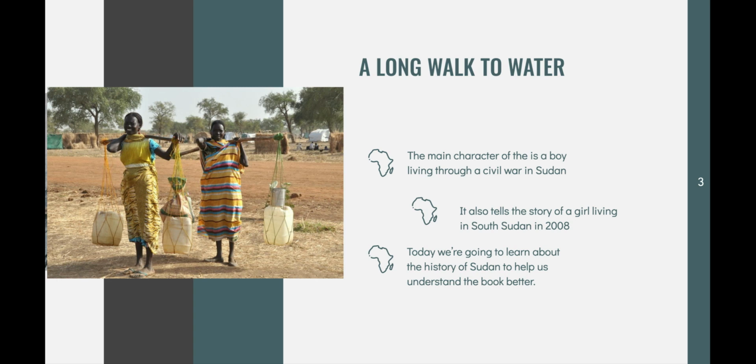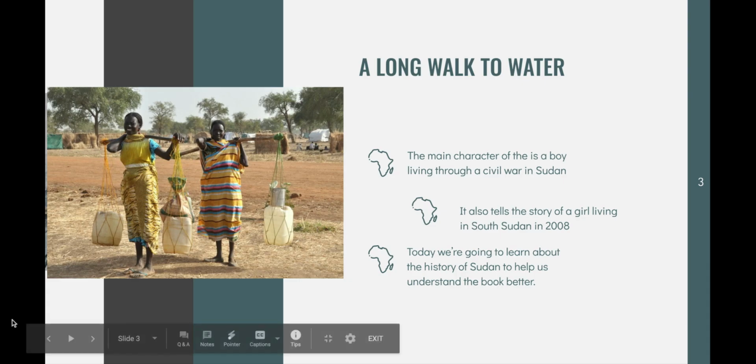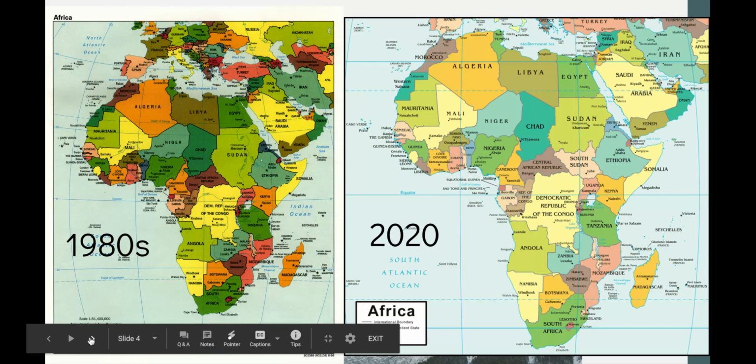And it flips back between the two stories to kind of show the development of Sudan and the connection between the past and the more recent past. It is a pretty complicated history of a country. So today we're going to talk about Sudan a little bit more to help us understand the book better.